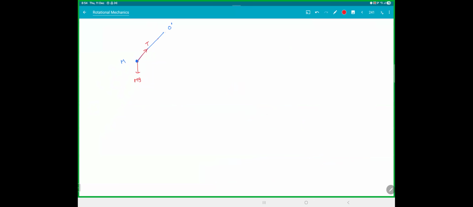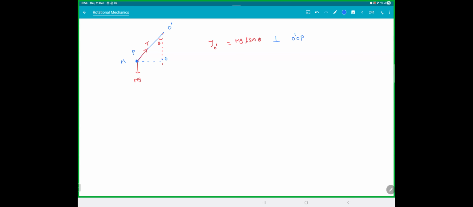Tension is passing through O, but there's a torque about O dash due to Mg. Torque due to Mg is not zero. Torque about O dash will be Mg into L sine theta. And this is perpendicular to this plane. This is O, and let's call this thing some P. Perpendicular to the O dash, OP plane.